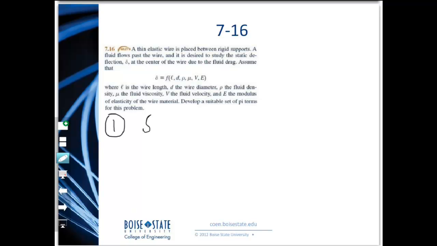So if I write all the variables in the problem, I have delta, L, D, rho, mu, V, and E. So 1, 2, 3, 4, 5, 6, 7. So the number of variables or parameters in the problem are 7.